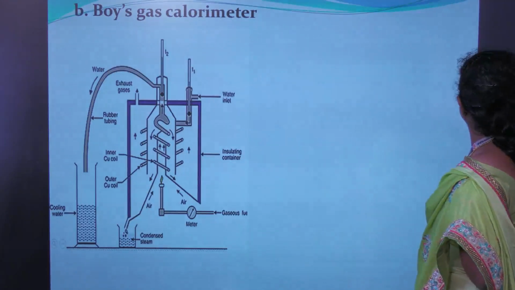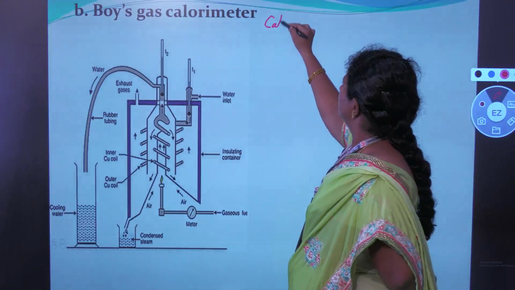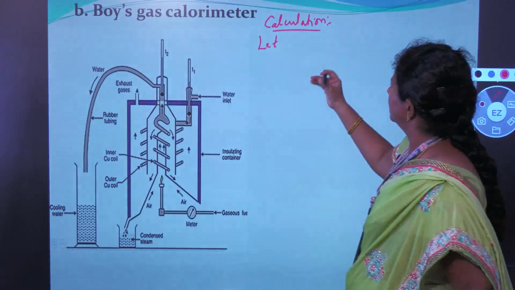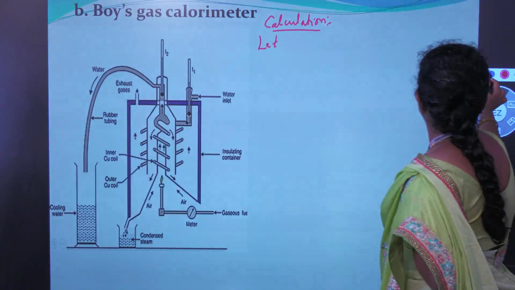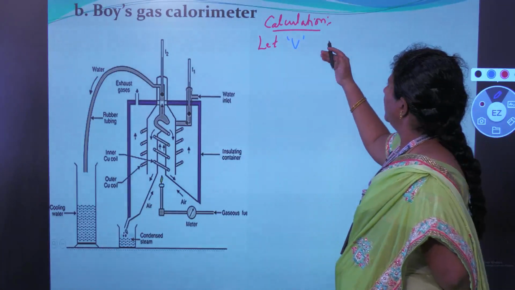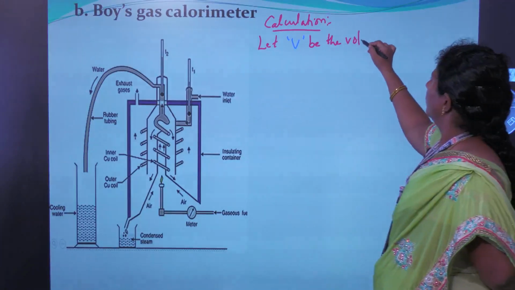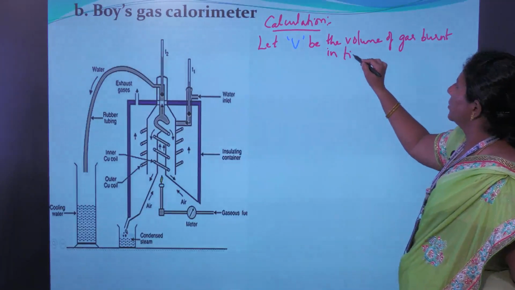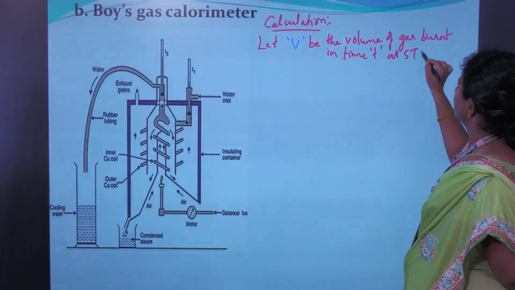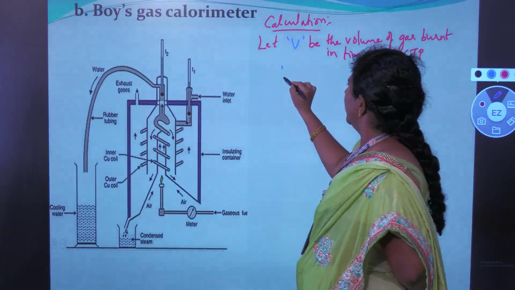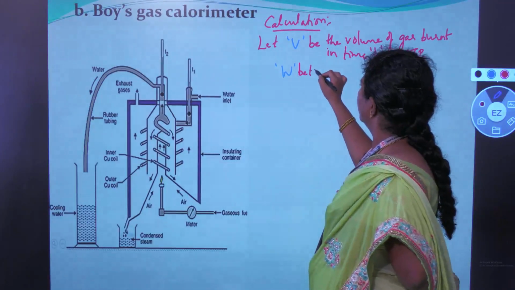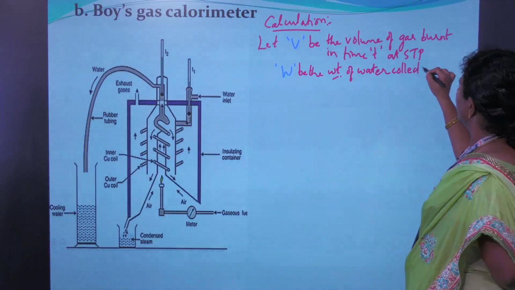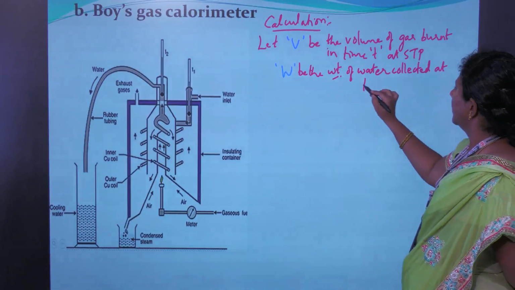Coming to the calculation. Let V be the volume of gas burnt in time t at STP, and W be the weight of water collected at time t.